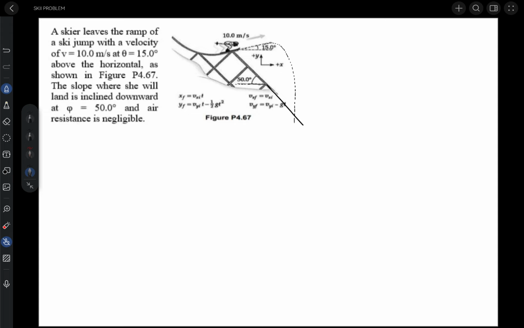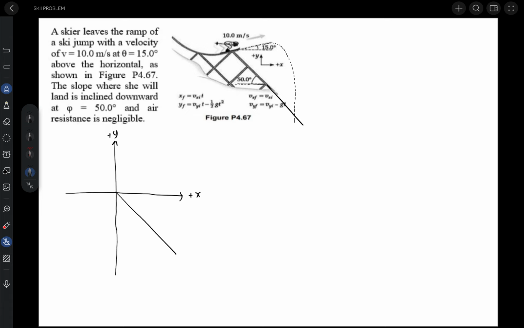We may try to visualize this on the coordinate plane like this, with positive y going that way, positive x going this way, and the platform at the origin.